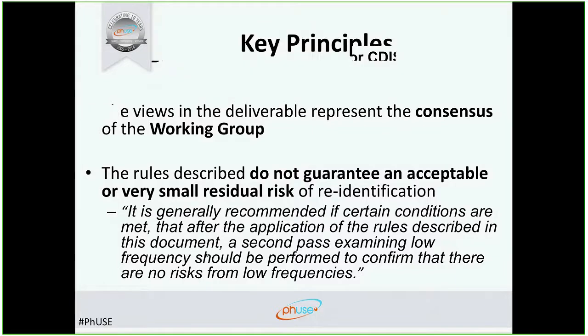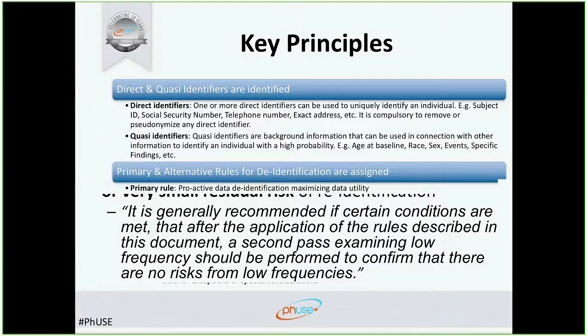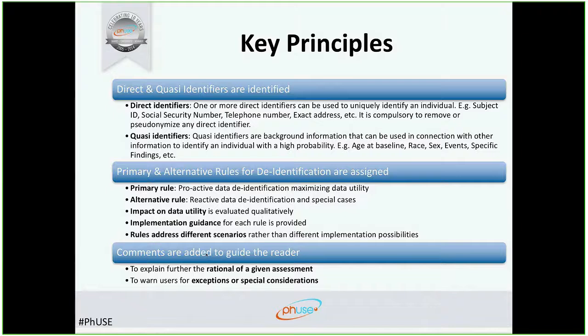So the key principles in our work was really to again differentiate direct and quasi-identifiers. We talked about that before. Direct identifiers will uniquely identify an individual, and the quasi-identifiers in connection with others will identify an individual with a high probability. So really this concept of uniquely identify or identify with a high probability is really important to understand when doing the assessment.